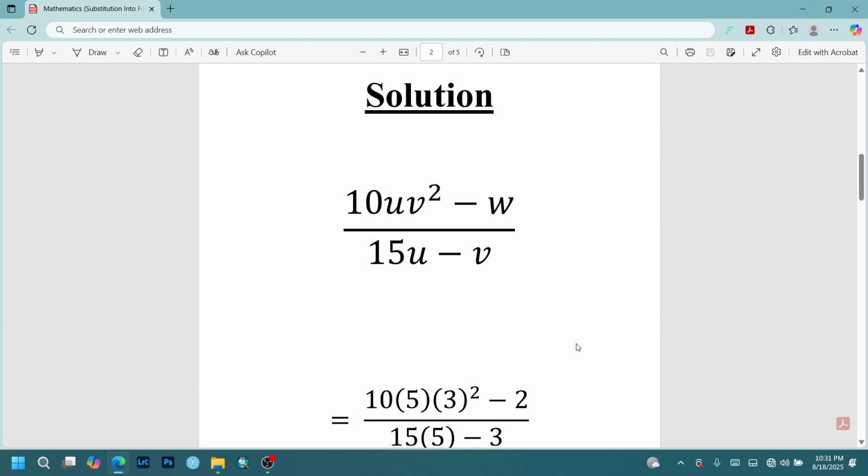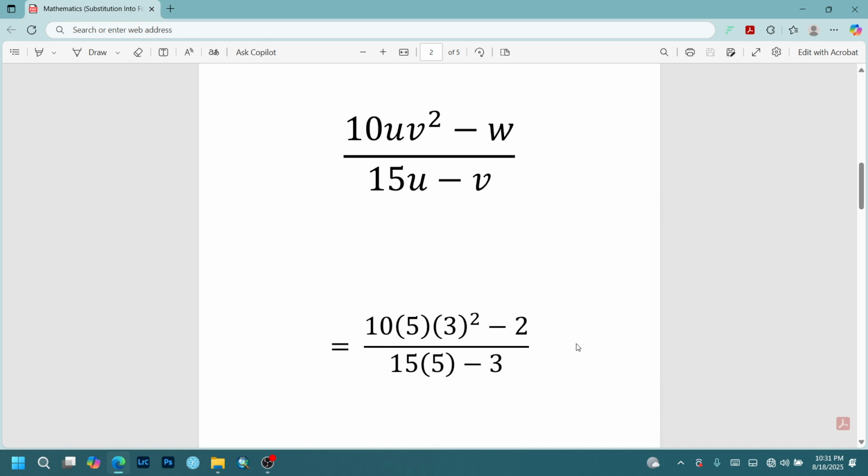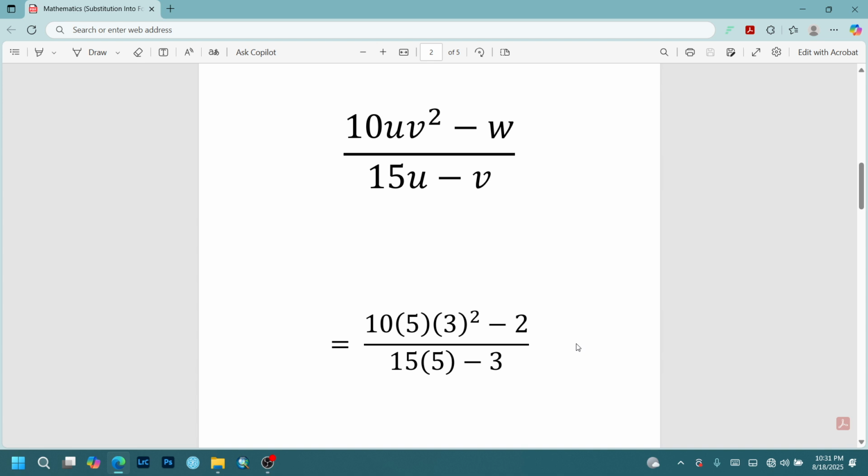So we are going to have our equation to be the fraction 10 multiplying 5 multiplying 3 square minus 2 over 15 multiplying 5 minus 3, right?